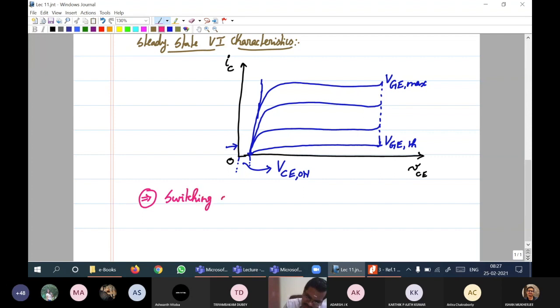Switching characteristics are exactly similar to that of a MOSFET.